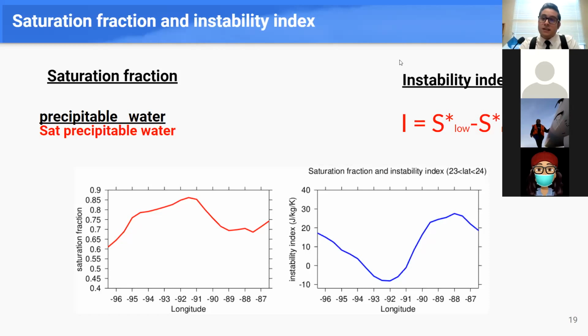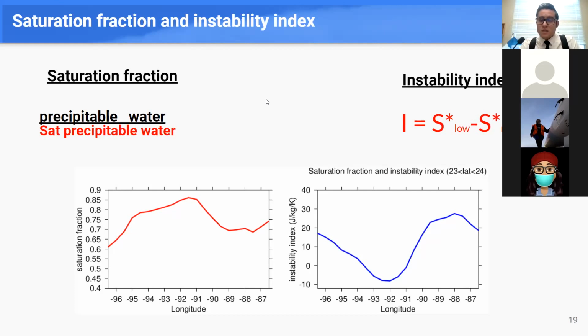Instability index is the difference between the saturated moist entropies at low levels and at mid levels. So saturated moist entropy at a defined pressure level is a measure of the temperature at these two levels. Then the instability index is a function of temperature, so it is connected in a certain way with saturation fraction.